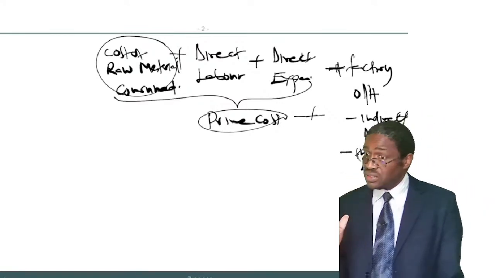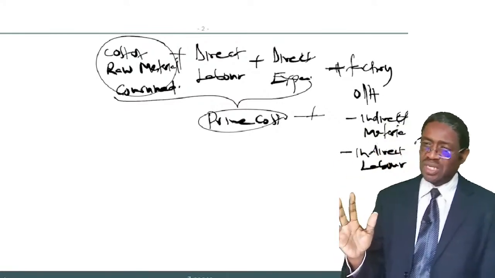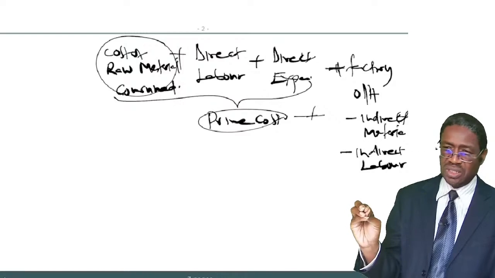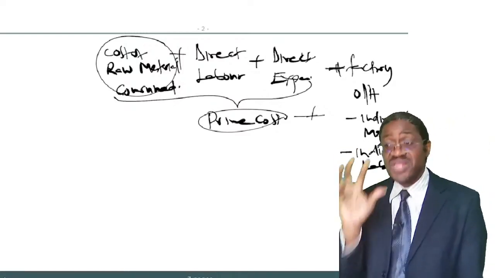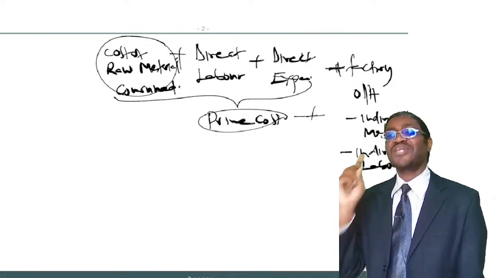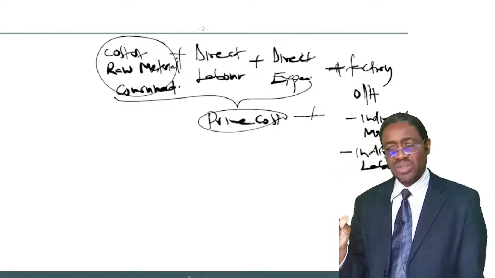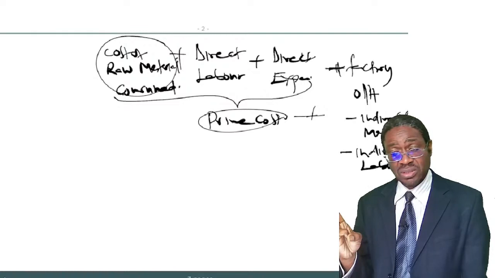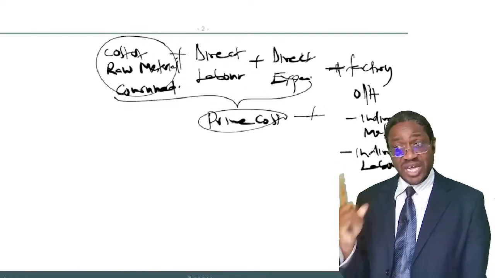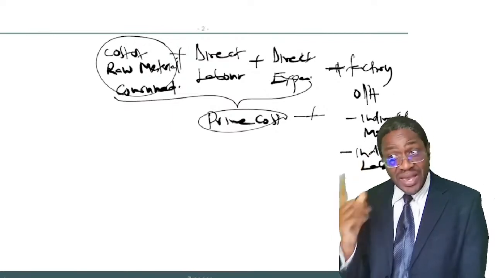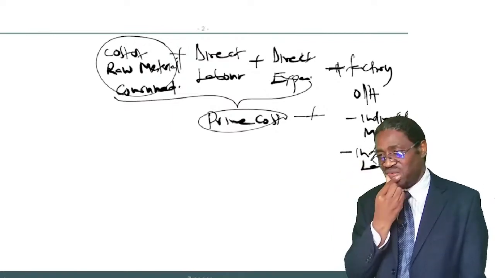So factory overheads are any other expenses found within the factory, but not direct material cost, not direct labor cost, and not direct expenses. Get the point? I defined what factory overheads were.